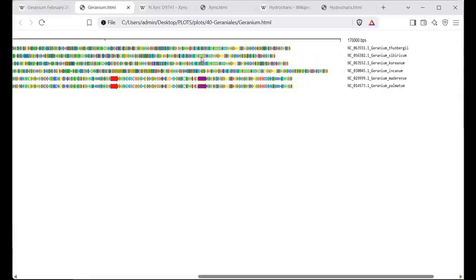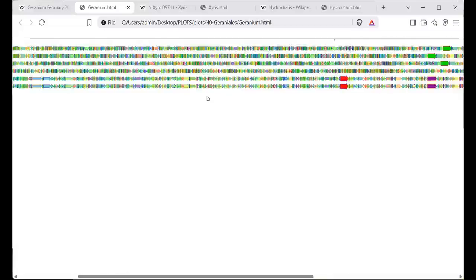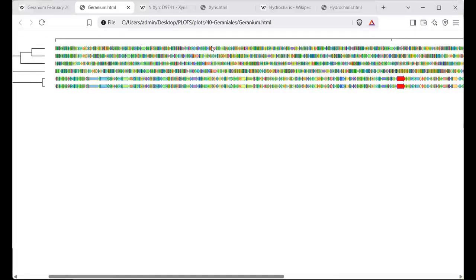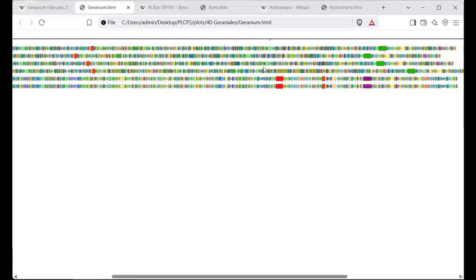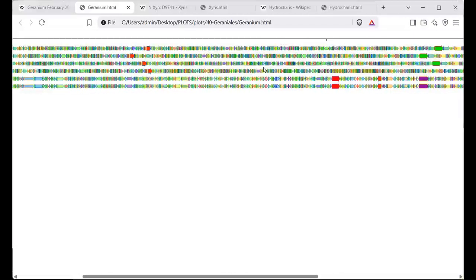And then here you have these green ones. But other than that, there are no conserved sequences among all of these. Maybe a small portion, but mostly they show highly fragmented and quite dissimilar patterns.